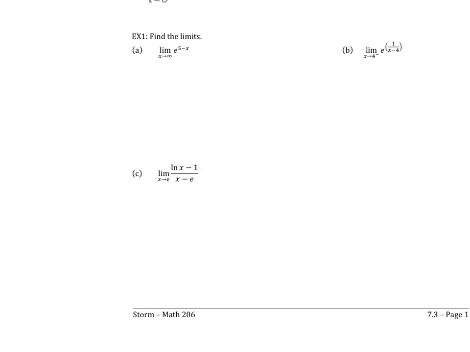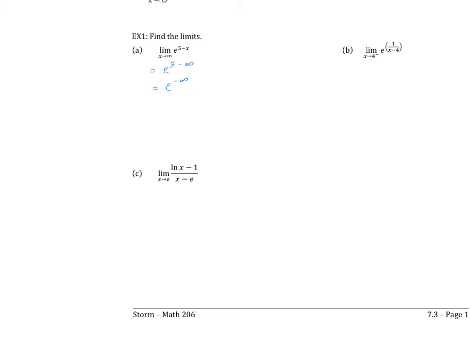So in example 1a, we want to find the limit as x goes to infinity of e to the 5 minus x. Okay. So note that we just plug in infinity and we get e to the 5 minus infinity. And then 5 minus infinity is just e to the negative infinity.